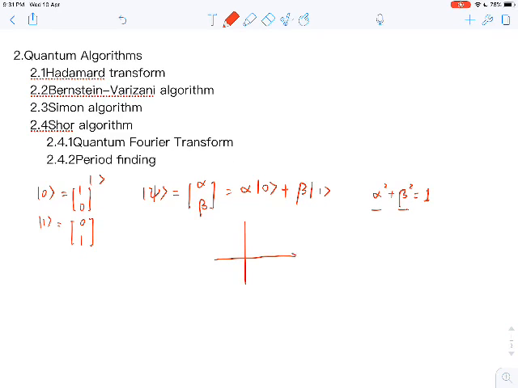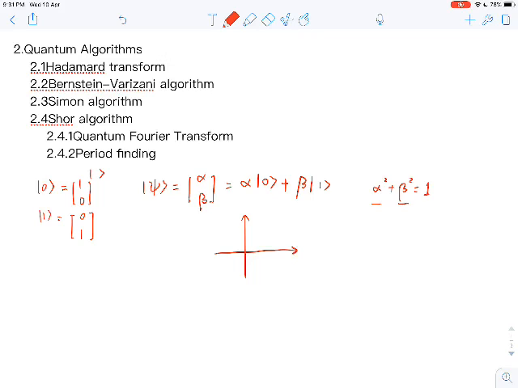Like in the coordinate system, this is 0, this is 1, and phi is a vector here. And we measure the qubit phi along these two directions, and the probability of being measured in 0 is alpha square, and the probability of being measured in qubit 1 is beta square.